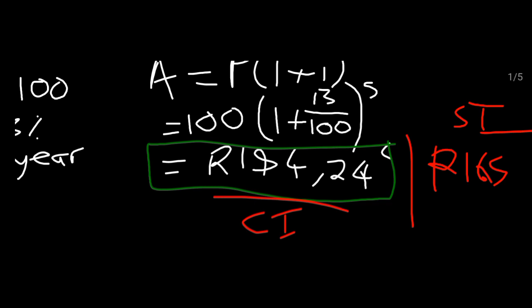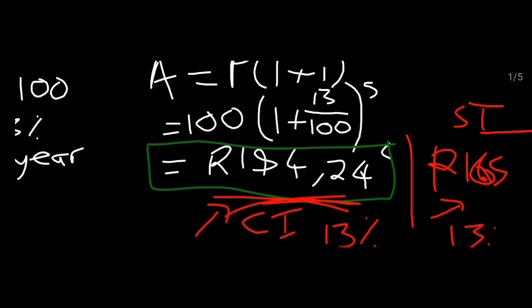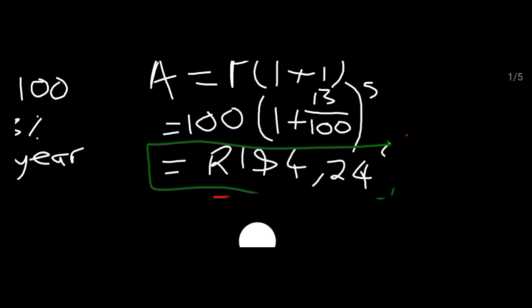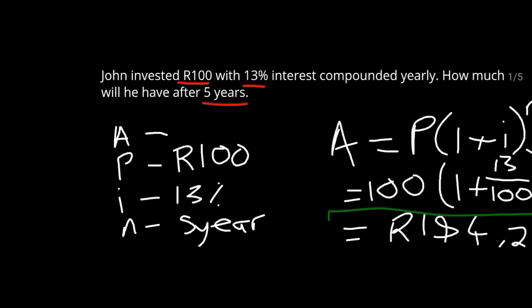The compound interest, and we used the same values. It's like two people: this one invested 100 Rand with compound interest at 13%, and the other invested 100 Rand with simple interest at 13%. Same percentage, but one used compound and the other used simple. You see that after 5 years, the compound amount is bigger. So this advises you, whenever you are investing, to choose compound interest over simple interest, because simple interest is very slow. But this is our answer anyway.